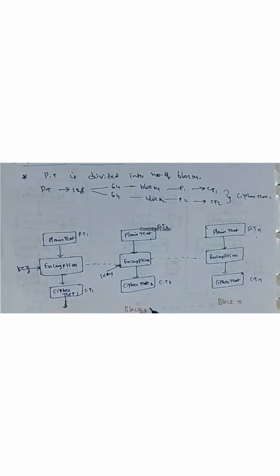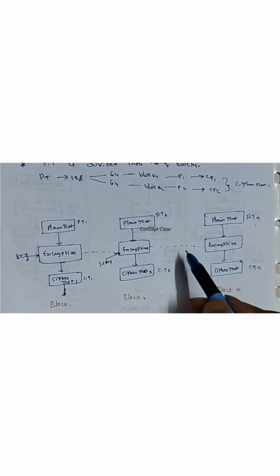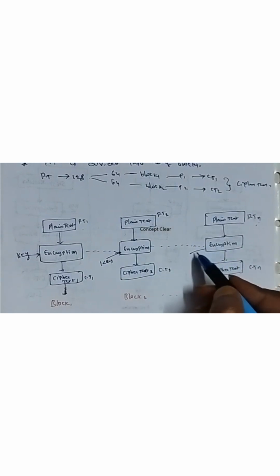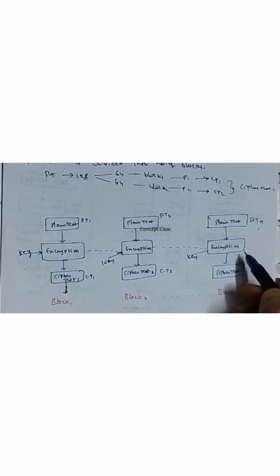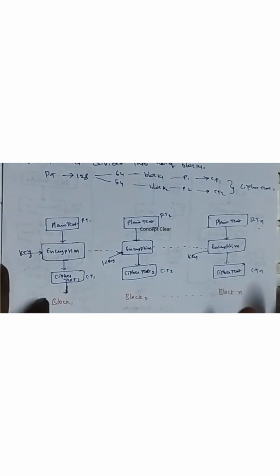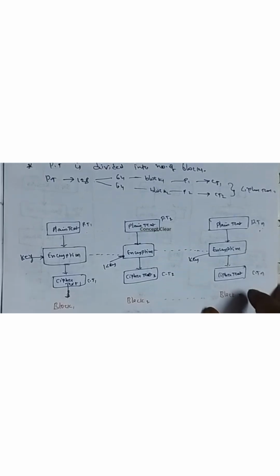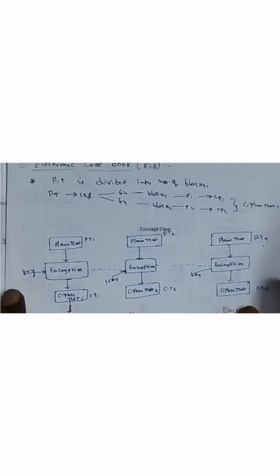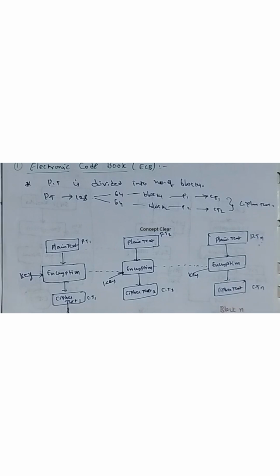This procedure continues up to the nth block of plain text, where we apply encryption with the key and get ciphertext n. This procedure is called electronic code book. Okay, clear. This is about the electronic code book.